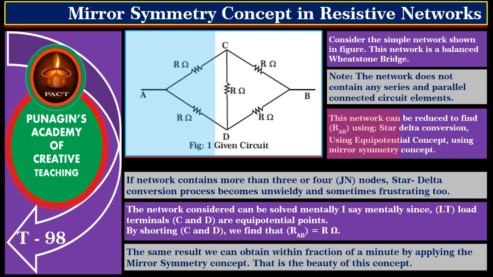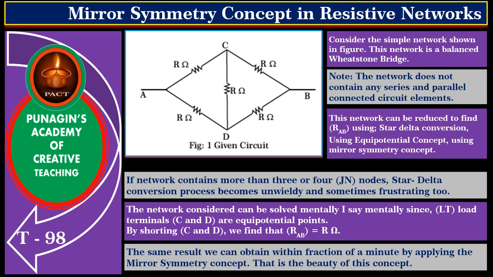This network can be reduced to find RAB using 1. Star delta conversion, 2. Using equipotential concept, and 3. Using mirror symmetry concept, which we are going to discuss in this tutorial.